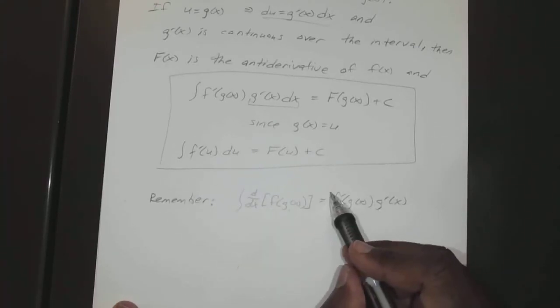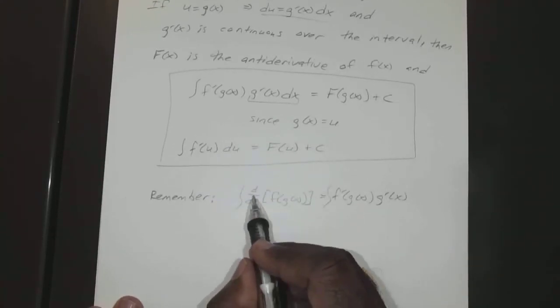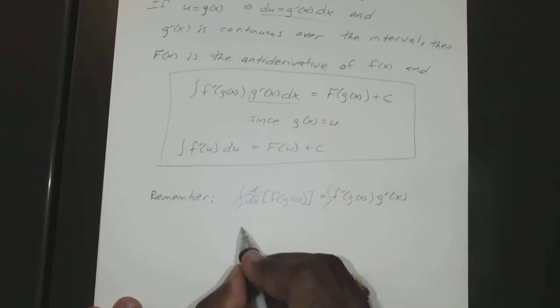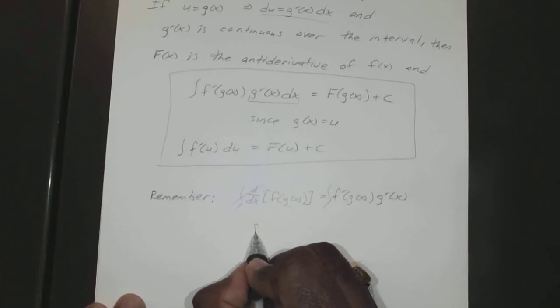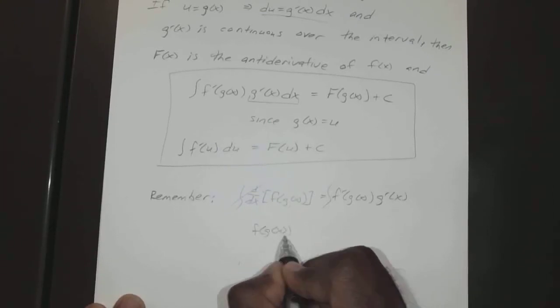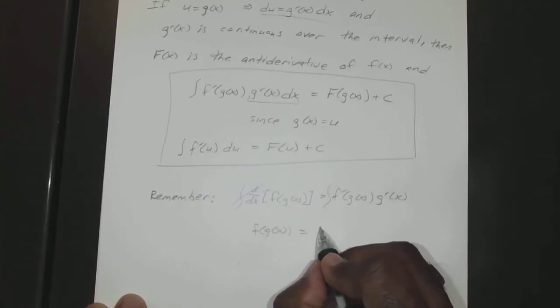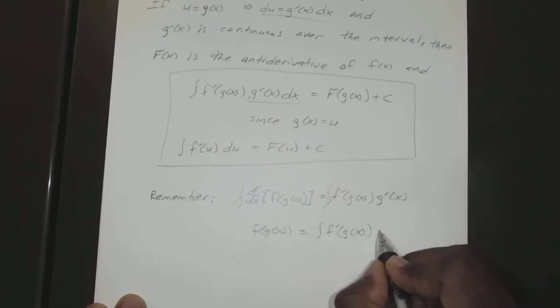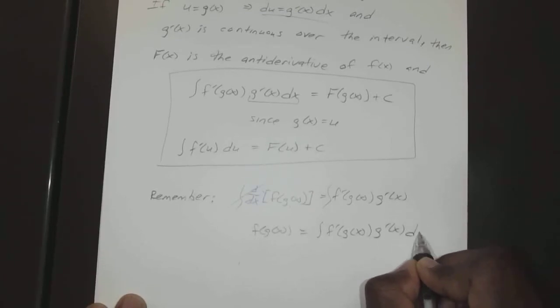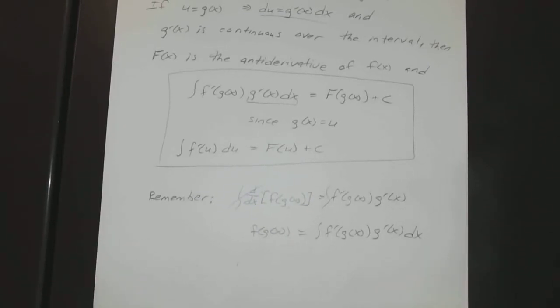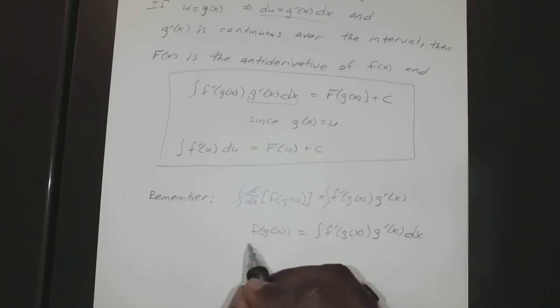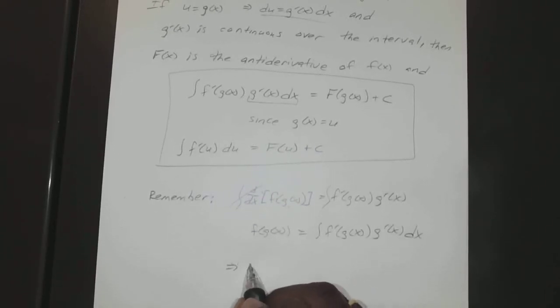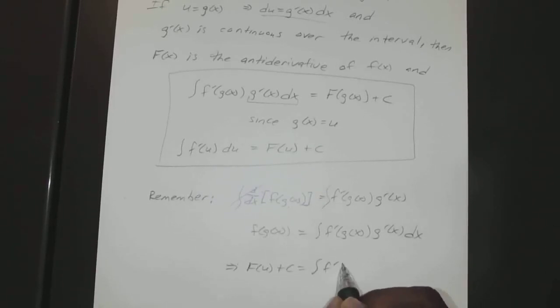All we did was integrate both sides, where the derivative and integral cancel each other out. So f of g of x equals the integral of f prime of g of x times g prime of x with respect to x. Or you can just call it f of u equals the integral of f prime of u times du.